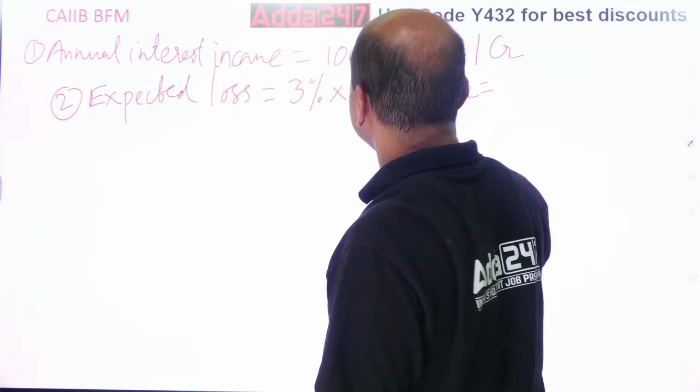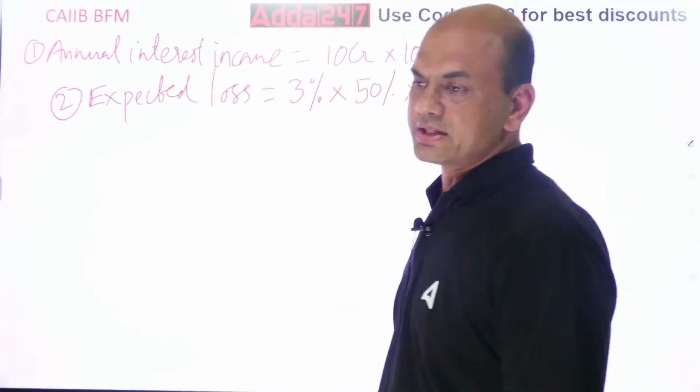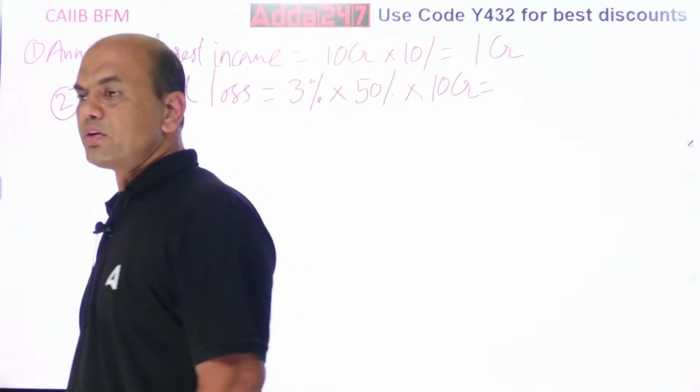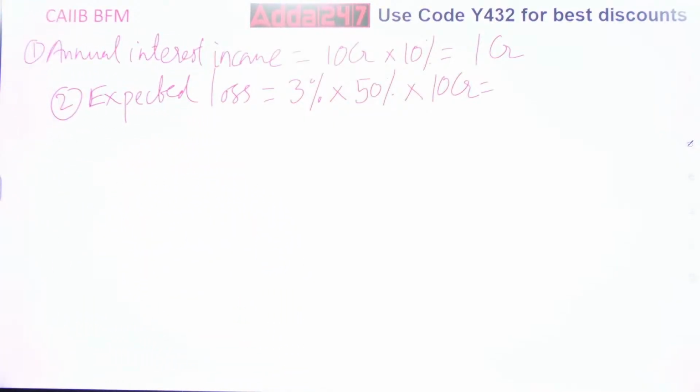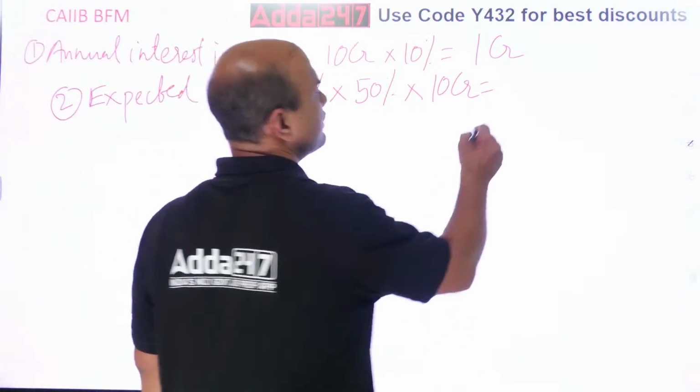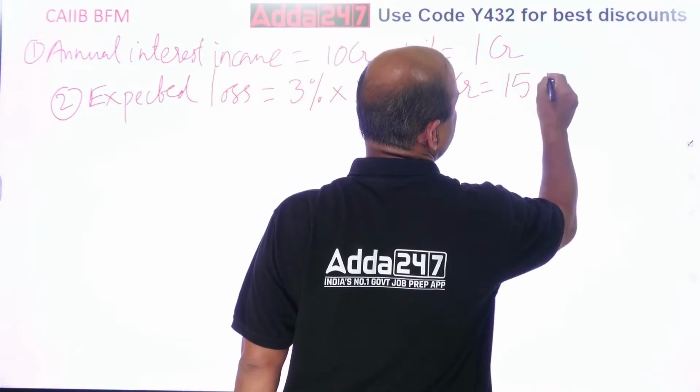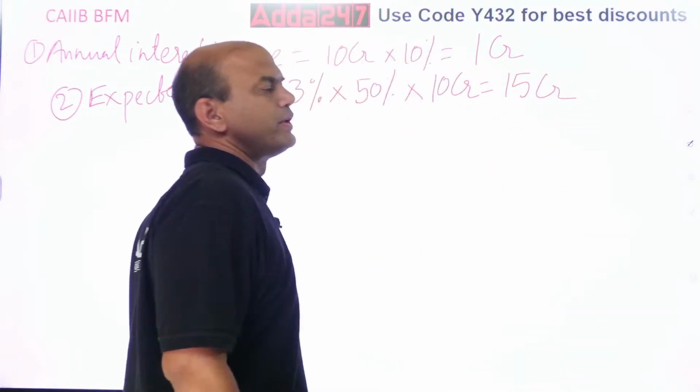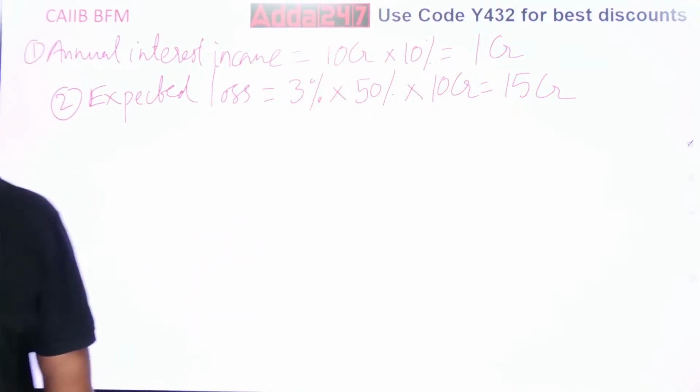So what is the answer now? 5 3s are 15, so 1.5% of 10 CR. So that is equal to 0.15 CR. Everyone clear on this? This is your next step.